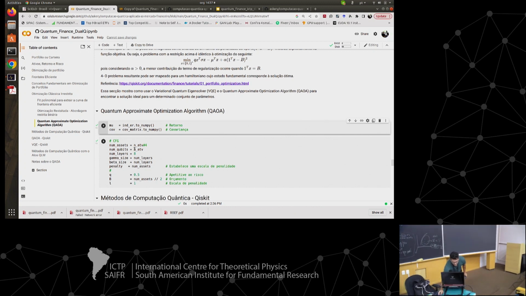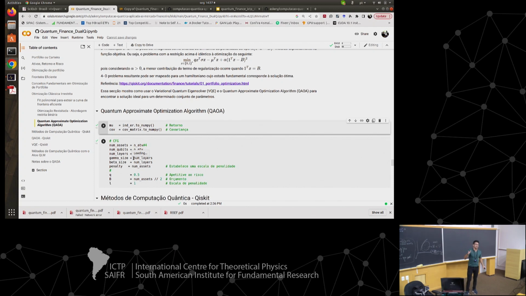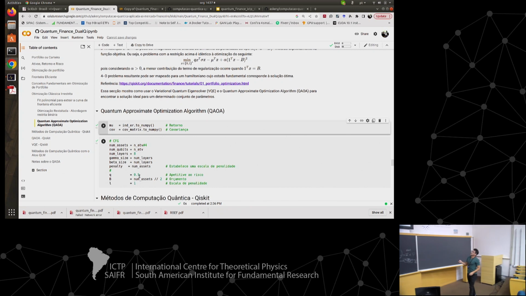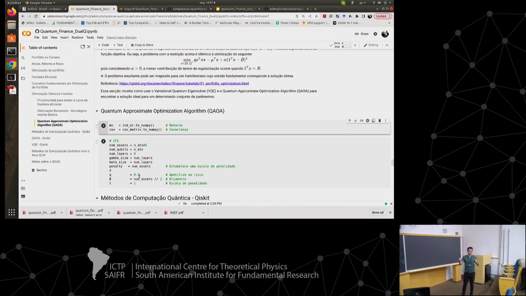I say I have a number of assets, 4. I have, of course, a number of qubits, 4. How many layers do I want? I want 8 layers. Repeat that QAOA architecture 8 times, right? And then I'm just putting some values for this. And Q here, I didn't tell you, but it's a calibration of the risk appetite that you want.